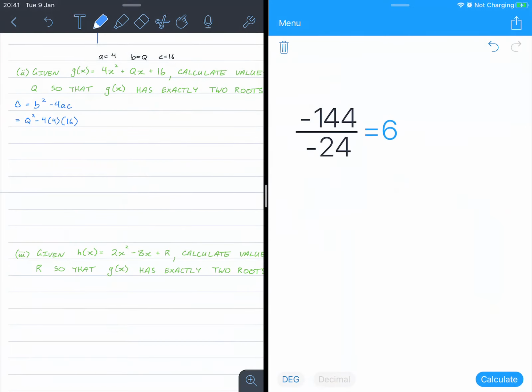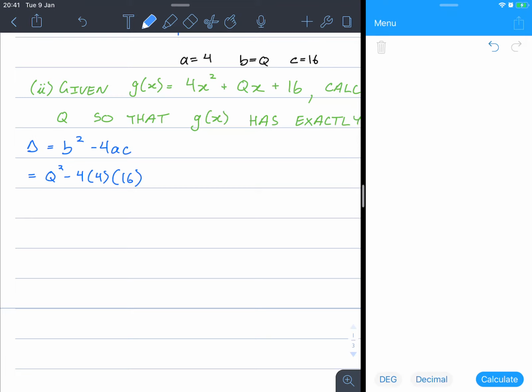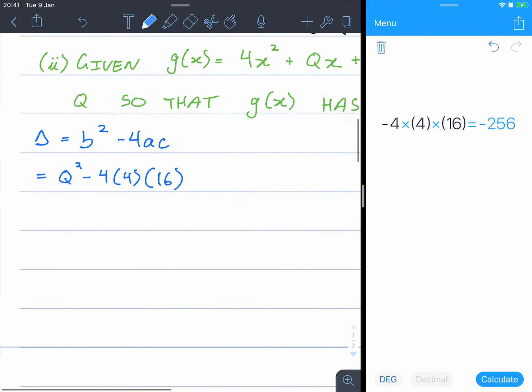Gonna need some calculating here. So negative 4 times 16, negative 256.